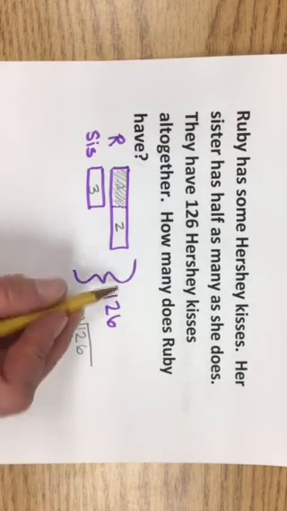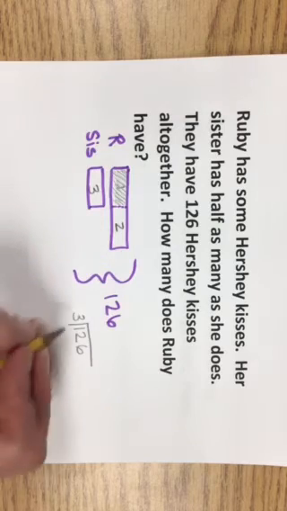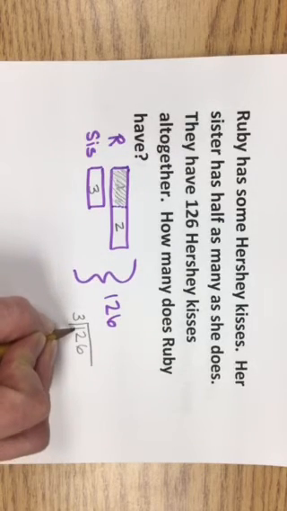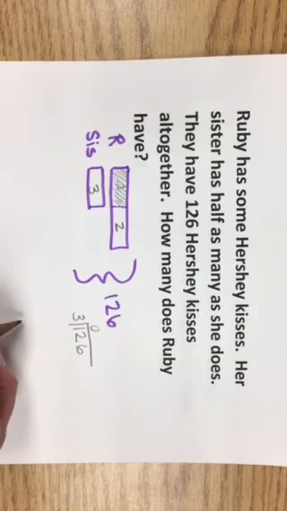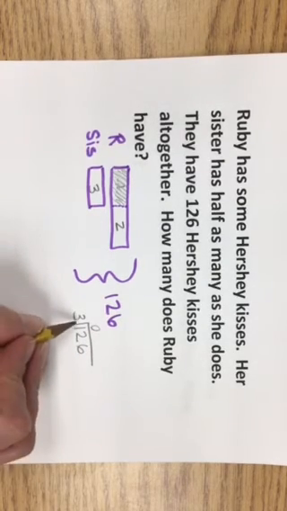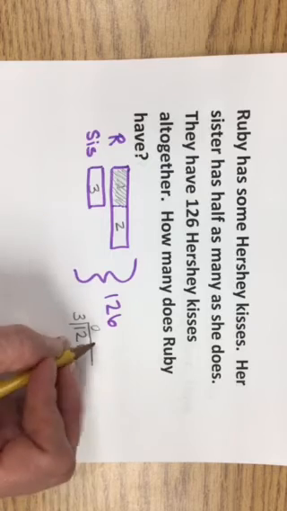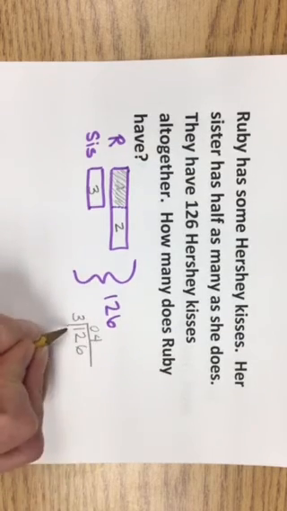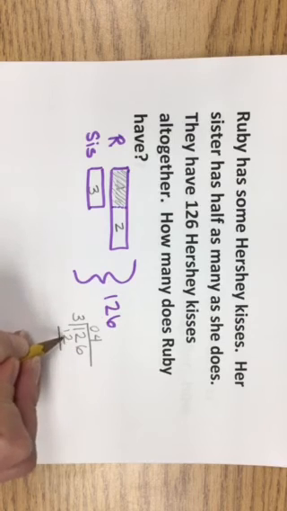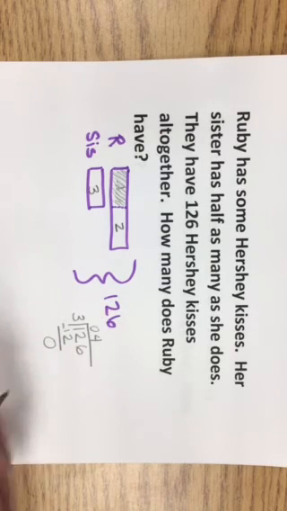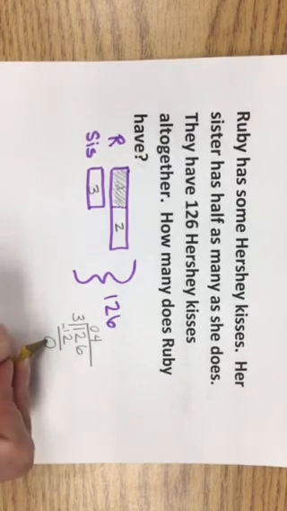Okay, so we're dividing the 126 total by 3. 3 doesn't go into 1, right, people? So we are going to put our space holder there, 0. Will 3 then go into 12? Yes, sir, it will. 4 times. 4 times 3 is 12. 12 minus 12 gives me 0.